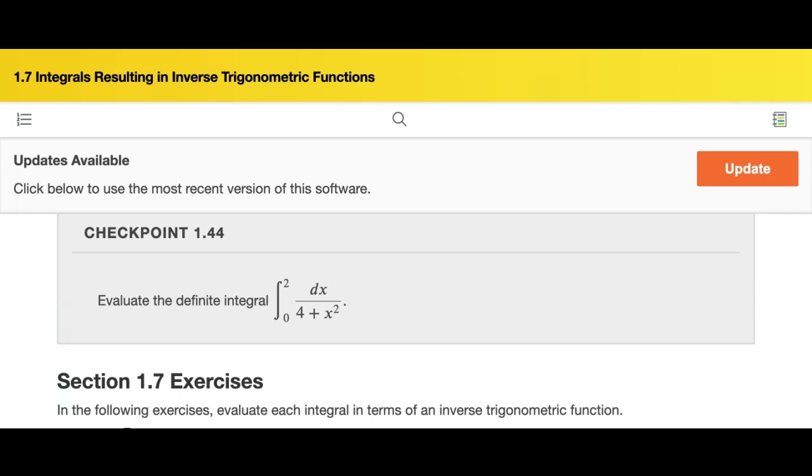Okay, let's go over this one. So this will have 4 plus x squared. Let's go to the whiteboard. From 0 to 2.